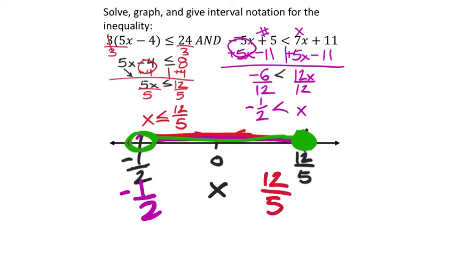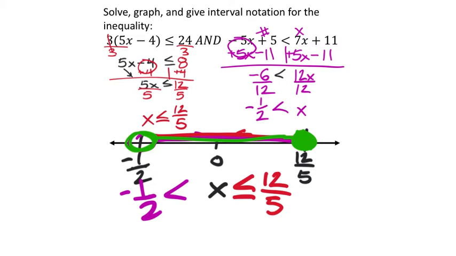So you see that it needs to be greater than the negative 1/2, but also it needs to be less than or equal to the 12/5. How do we know it's less than or equal to? Because it's a closed circle at 12/5. And why is negative 1/2 less than the x? It's because we know it's an open circle right there from the graph. Okay, so that's the actual inequality that we would need for a problem like this one.